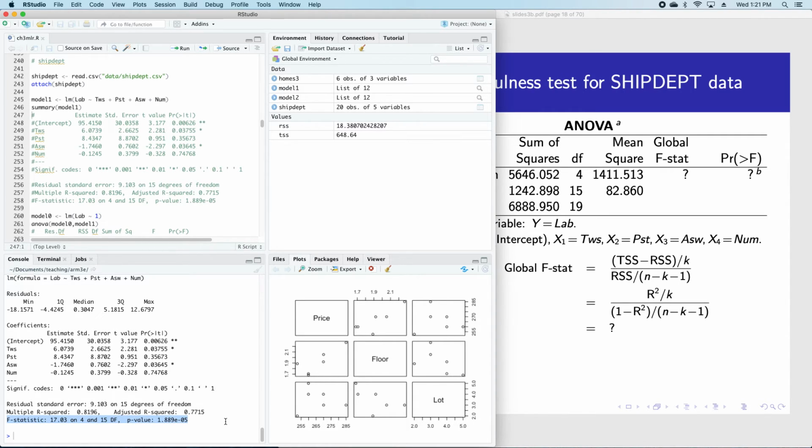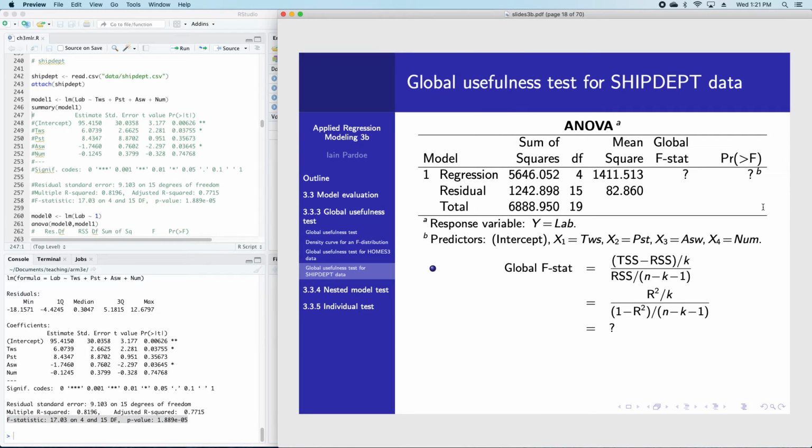I get an F statistic of 17.03, so this question mark would be 17.03. This one is the p-value, that would be 1.9 times 10 to the minus 5, so a pretty small number, close to 0. So this global F statistic, that's the 17.03.